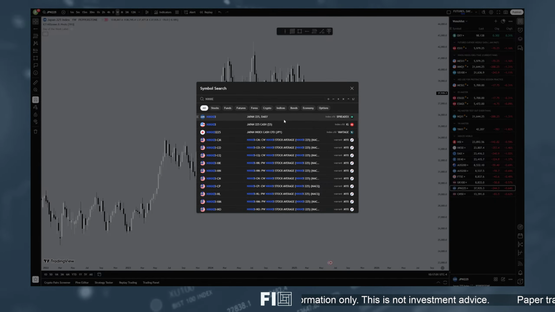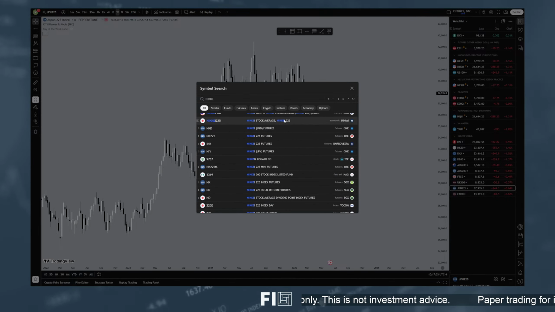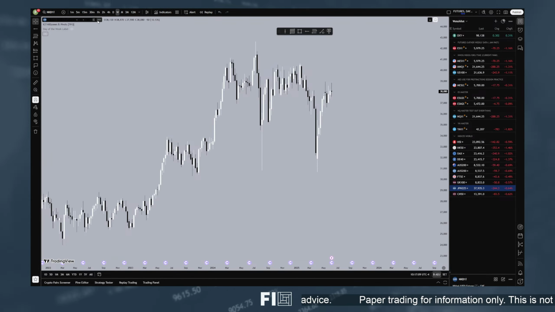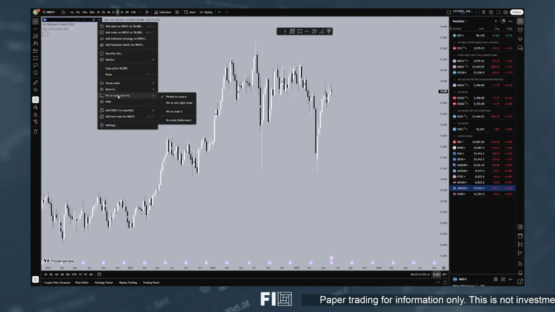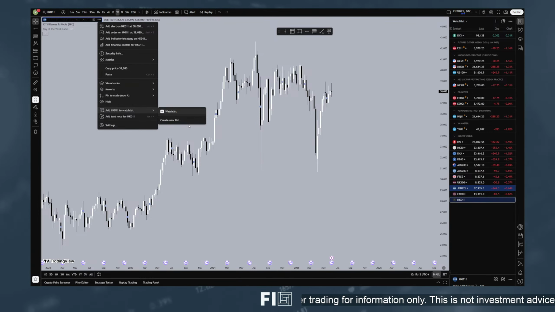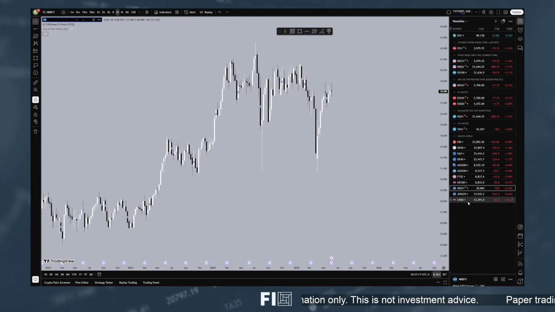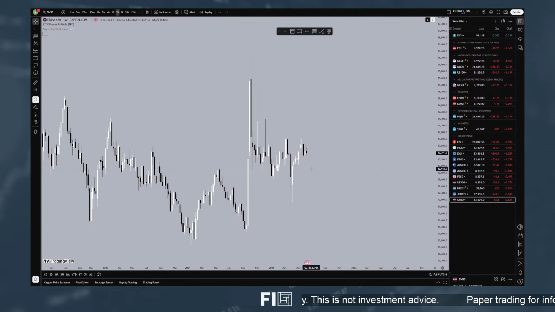This is the cash, this is the daily, and it's a futures. It has to be a futures, no? Probably does. NKD, sorry. And then we have the Chinese, CN50.